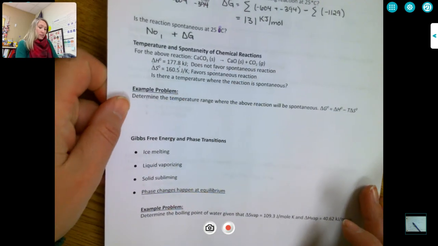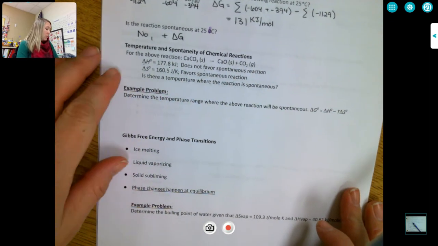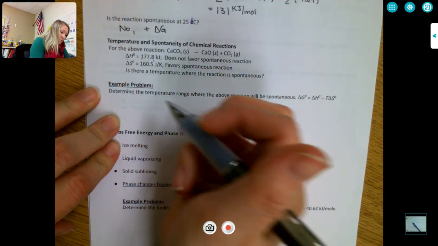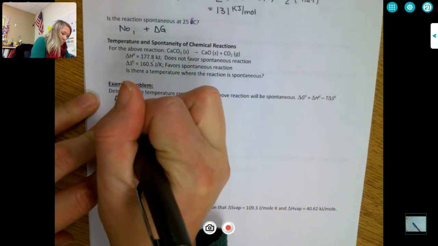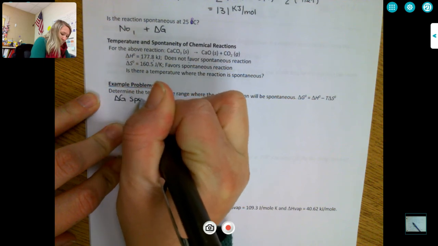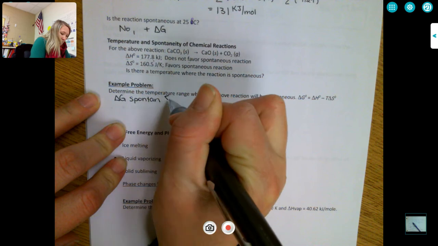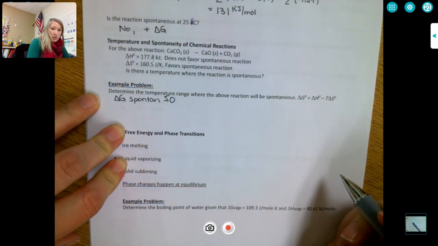Well, how can we figure out what that temperature is? We know that for our delta G to be spontaneous, it needs to be less than or equal to 0.